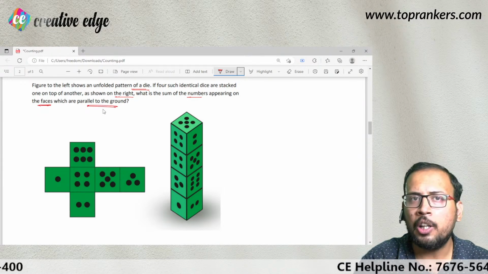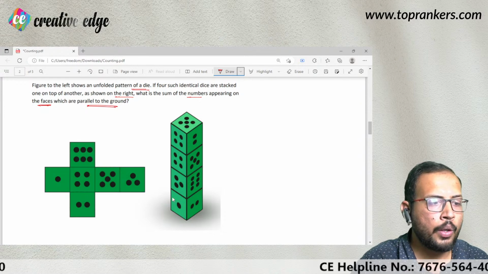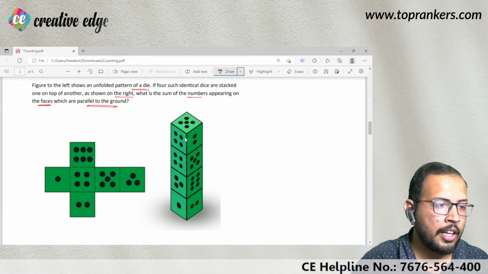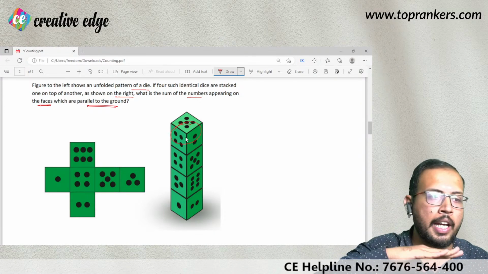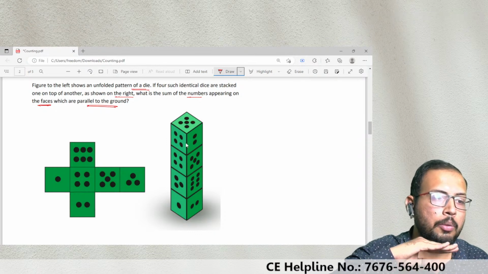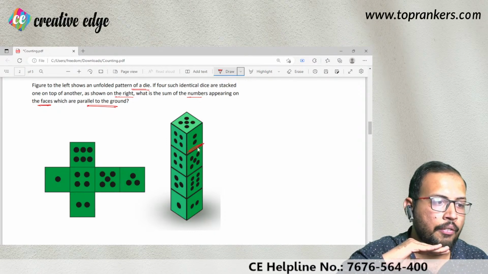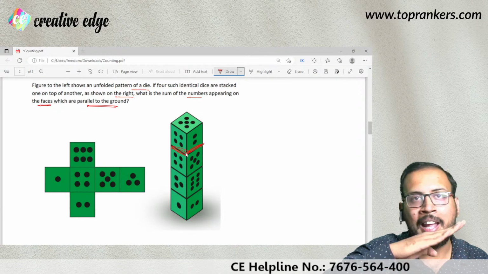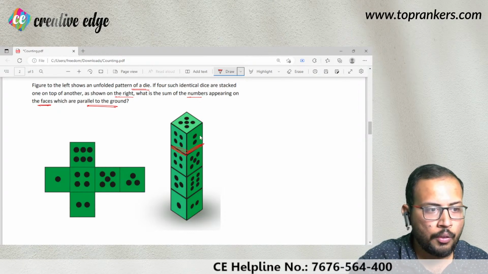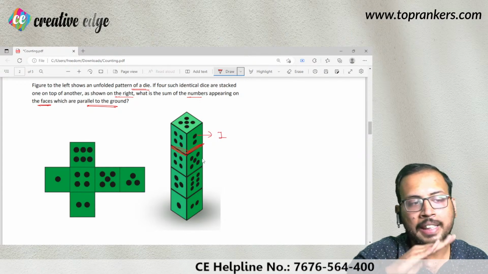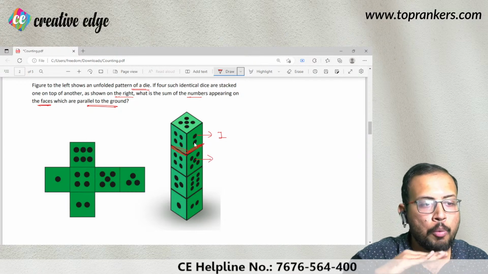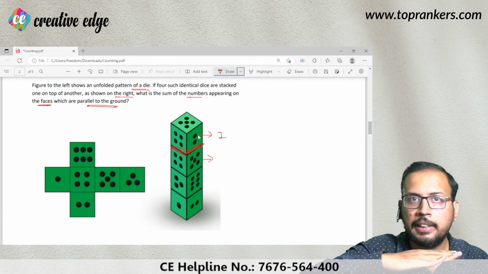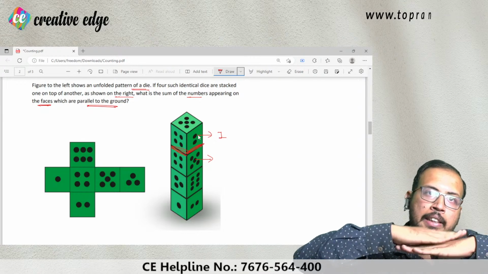Now, parallel to the ground means that if I look at this dice, the very topmost dice, so you must understand that this is the face which is parallel to the ground. Now, this is for the first dice. Now, if I talk about the second dice as well, so bottom of the first dice and top of the second dice are coinciding.